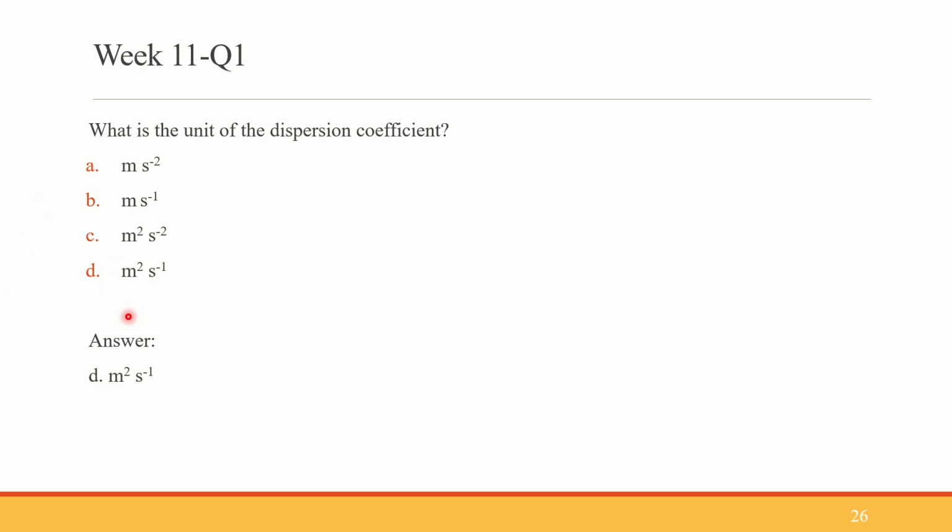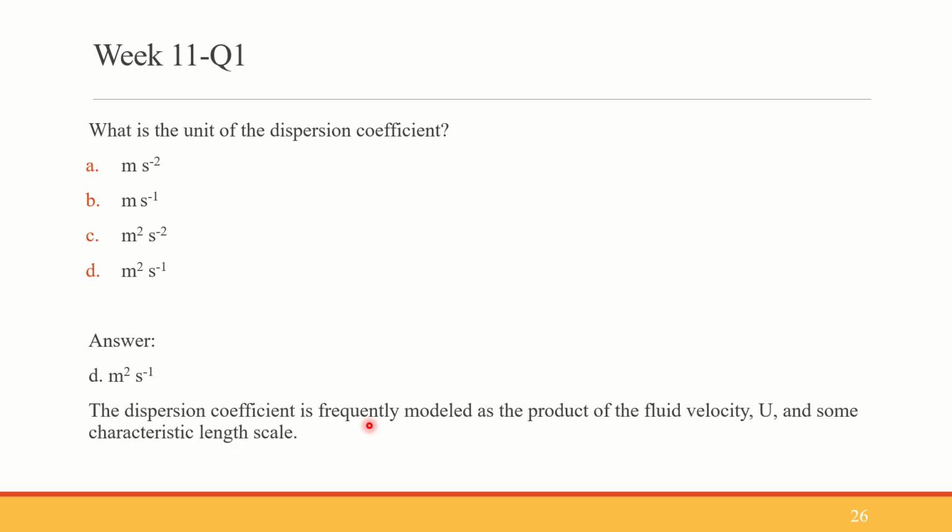Option D is the right answer. Dispersion coefficient is frequently modeled as the product of fluid velocity and some characteristic length scale. If it is equal to the product of velocity and some length scale, the units would be meter per second into meter, which is meter square per second.